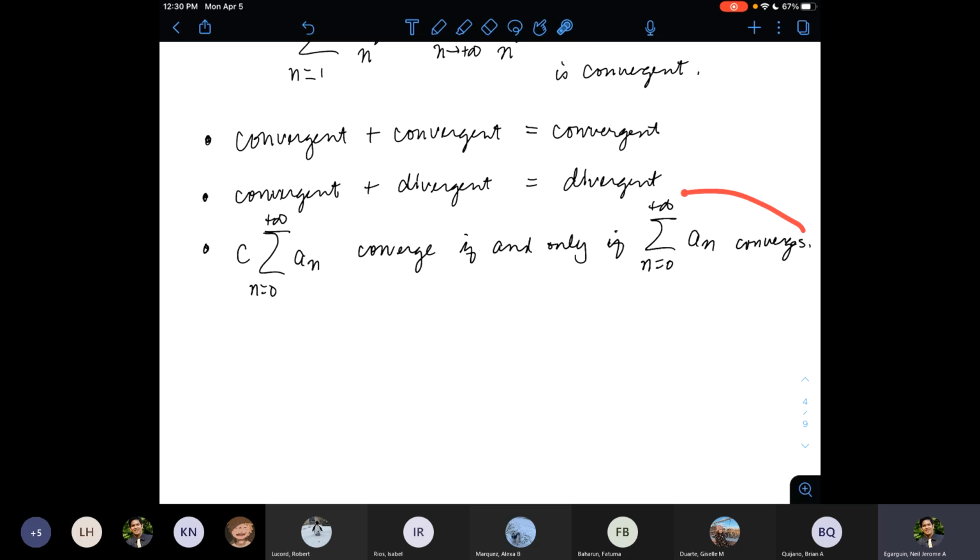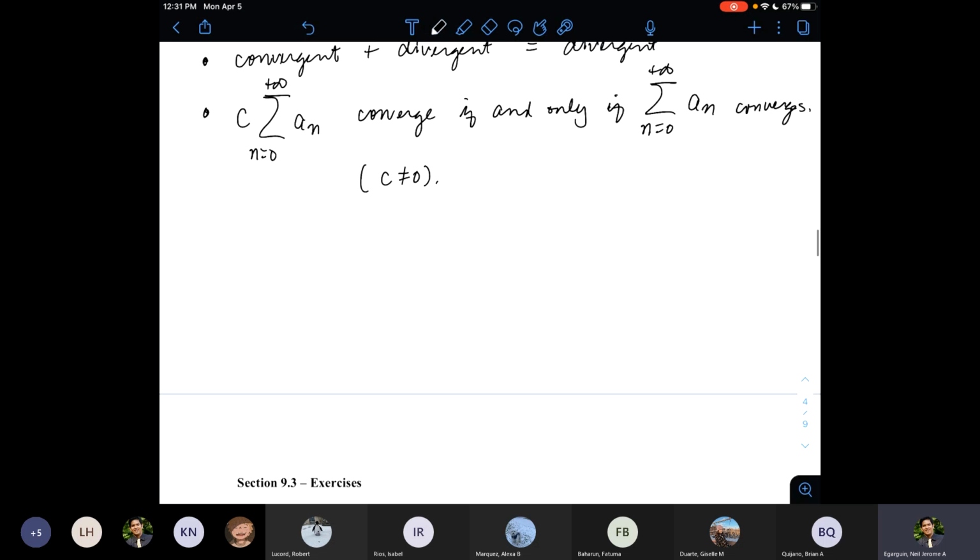So if this series converges, then a scalar multiple of it will also converge. If this is divergent, then any scalar multiple, when c is not equal to 0, will also diverge. So here maybe I'll put that qualifier, c is not equal to 0.